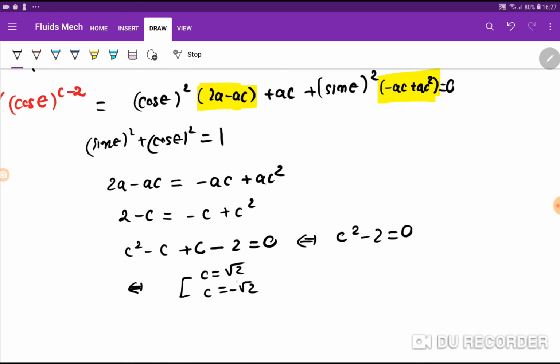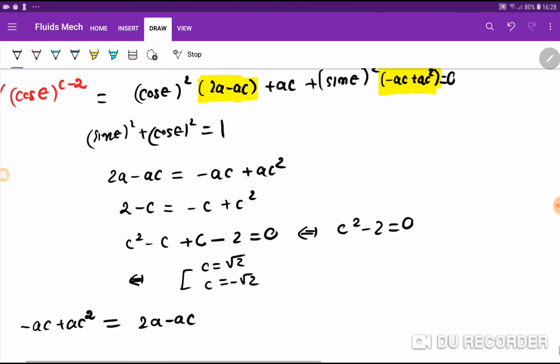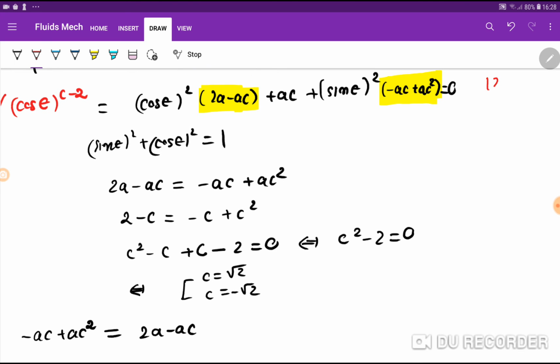I'm going to do something simple. I'm going to replace negative ac plus ac squared with 2a minus ac, because we already said they are equal.